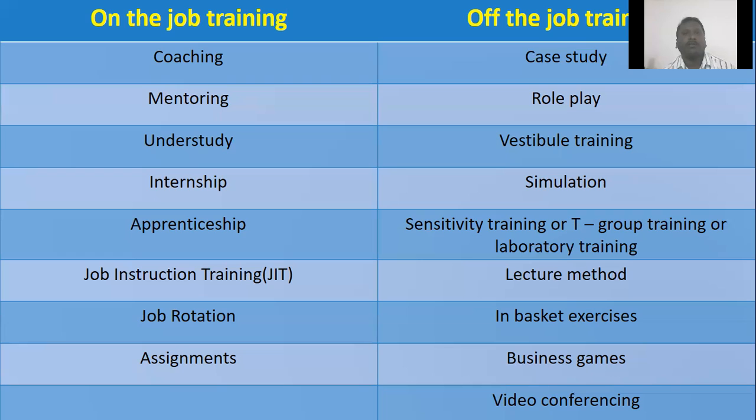Then they will try to prioritize. Which information should come first, which should come next, the individuals will learn. So to foster prioritization skills and decision-making skills, the in-basket exercise can be used.